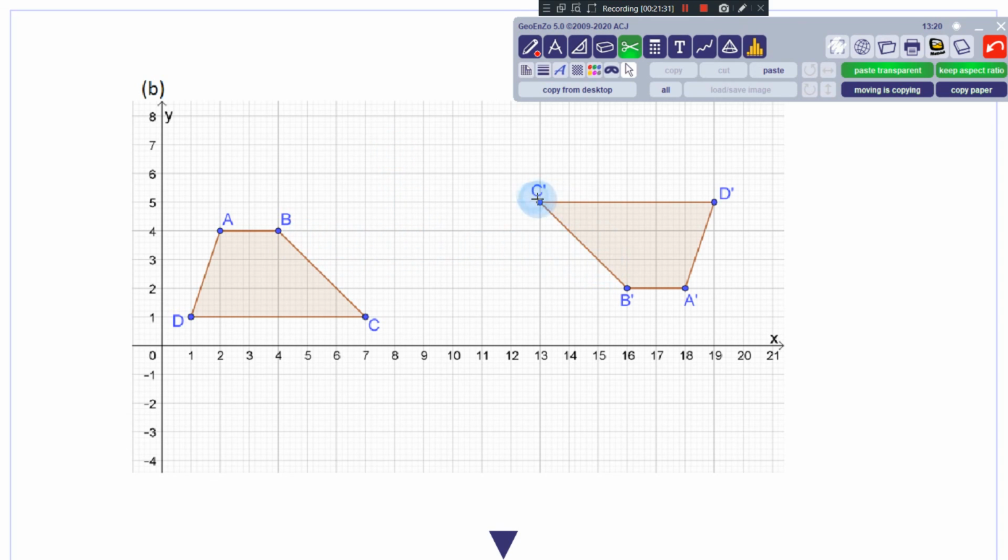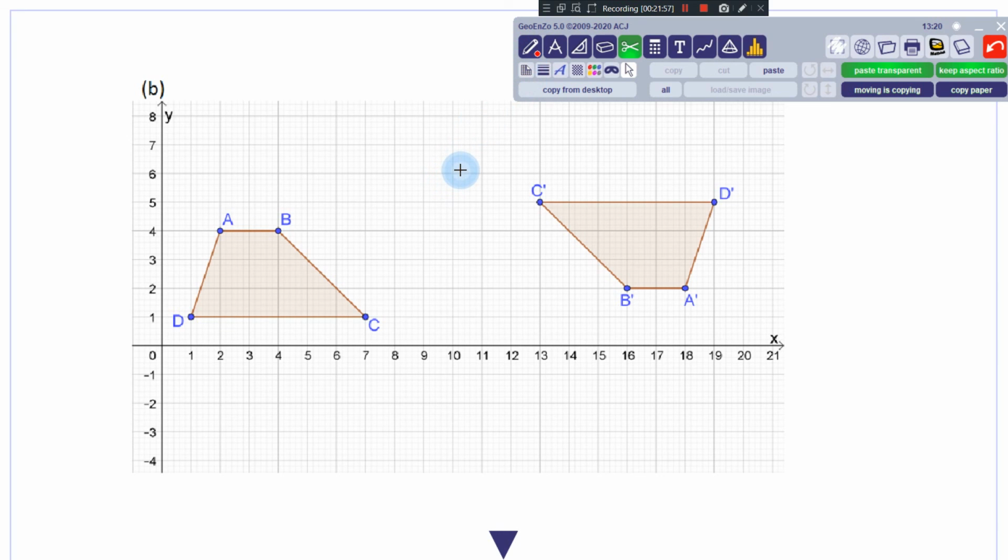But in this case, when we look at this, we know this is a 180 degree rotation. If the rotation is 180 degree, we have a shortcut to get the center of rotation. Instead of using our compasses to construct the perpendicular bisector for B, B prime, we draw a line, C, C prime, we can actually use another method.